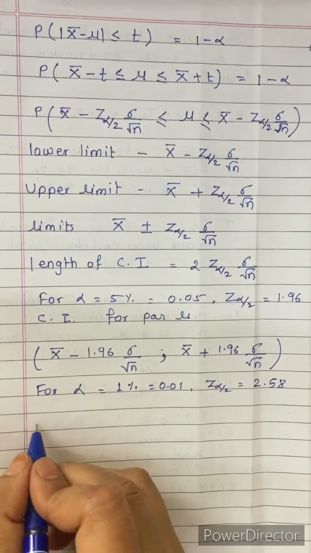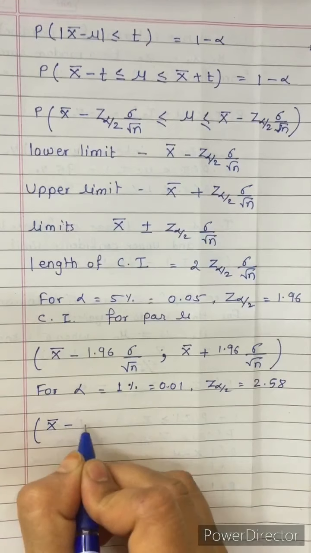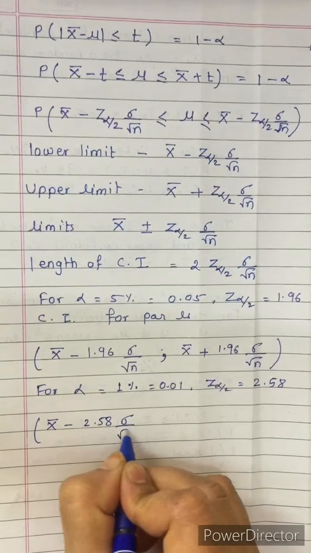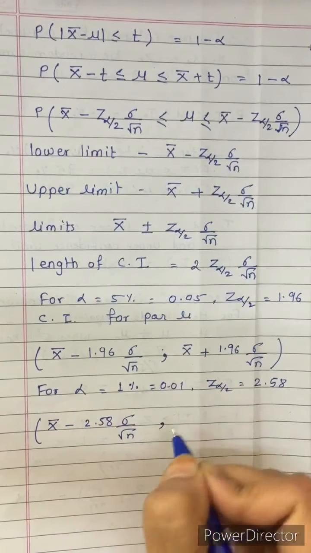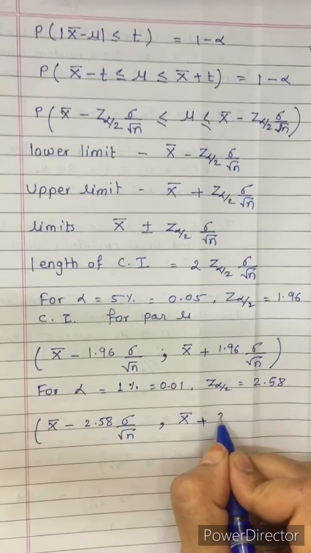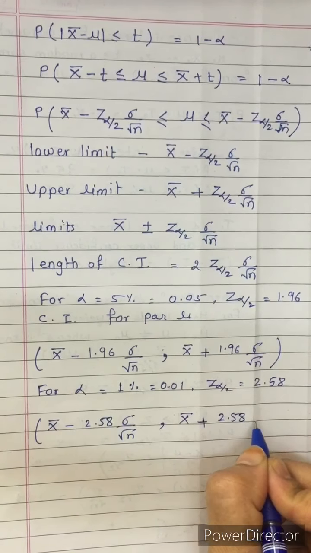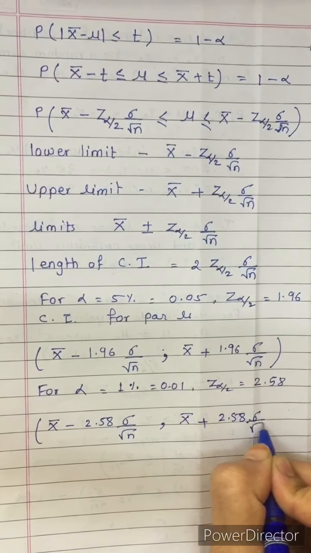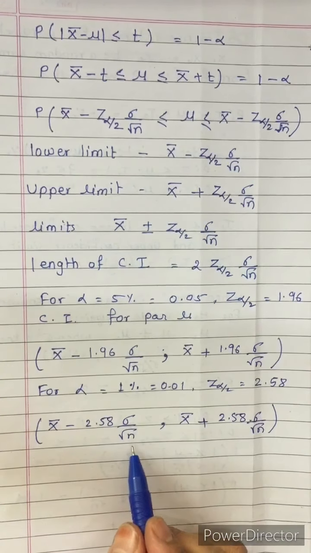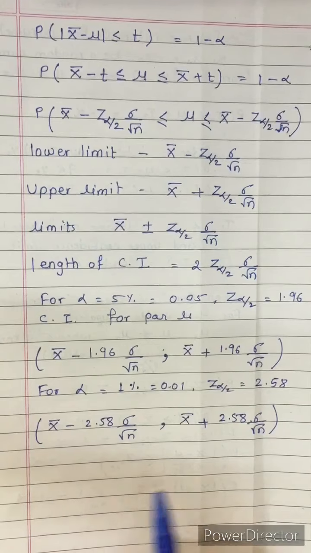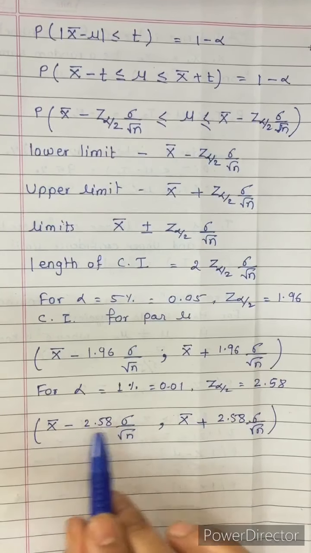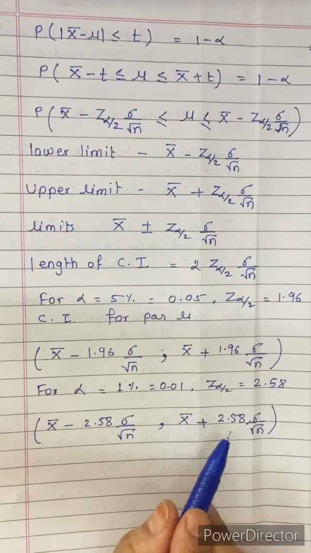So the interval will become x bar minus 2.58 into sigma by root n, and upper limit will become x bar plus 2.58 into sigma by root n. Put the value of x bar and sigma and n, you will get the upper limit and lower limit. Please remember that lower limit is always less than upper limit.